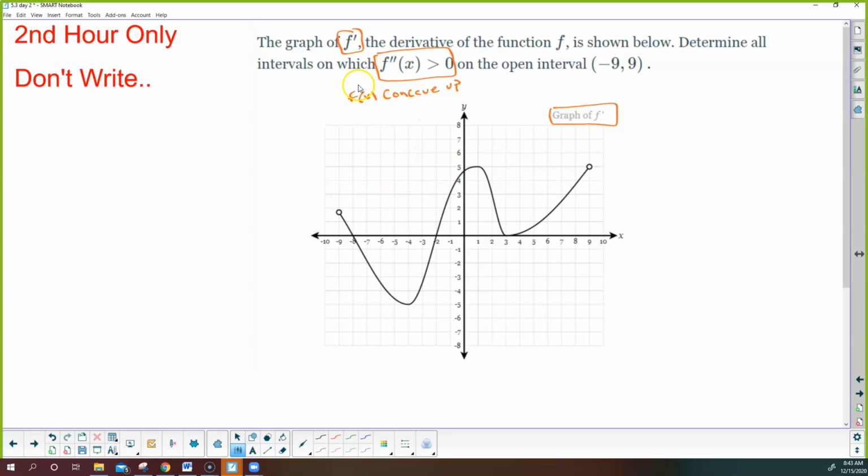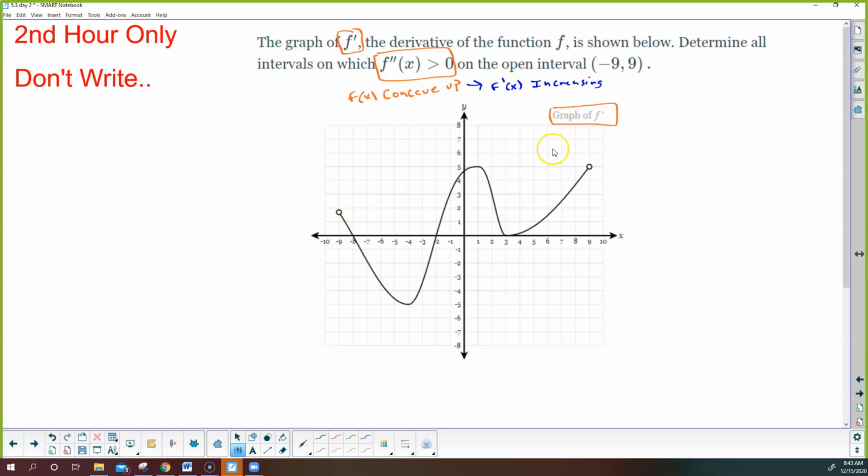So I have to kind of think of, well, wait a minute, what does it mean about the first derivative if f is concave up? So if f is concave up, that means that my derivative has to be increasing. And we're going to talk more about that today, but that was one of the definitions we used for defining concavity.